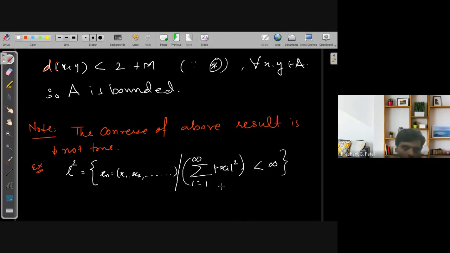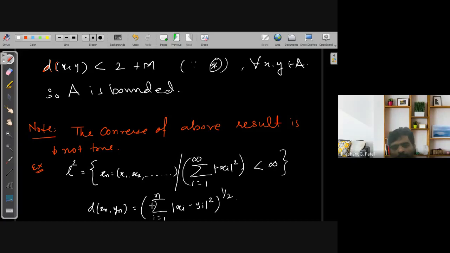And one can prove that this L2 space is a metric space, if you define your metric d of xn, yn as the summation, i running from 1 to infinity, of mod of xi minus yi square, whole raised to 1 by 2, for any xn, yn belonging to L2. Then this space L2 is a metric space that you can prove easily.